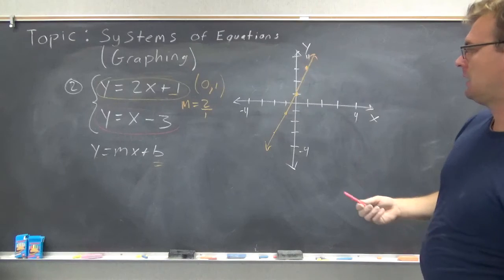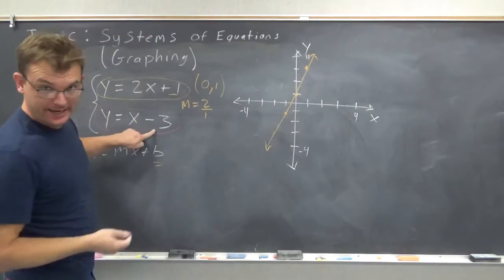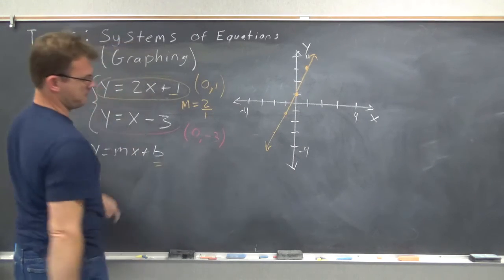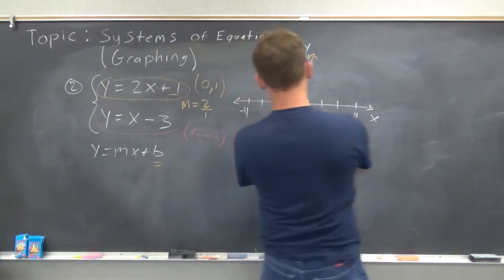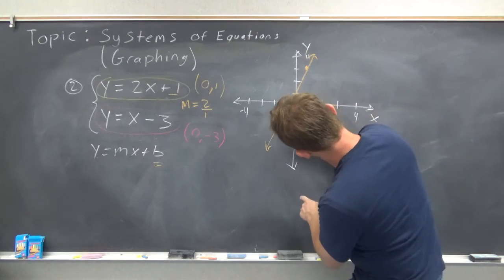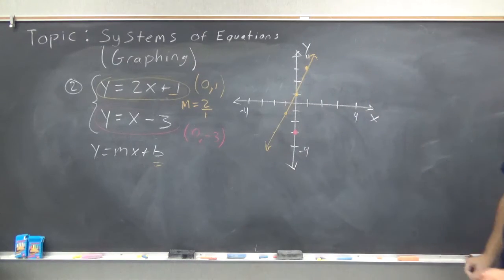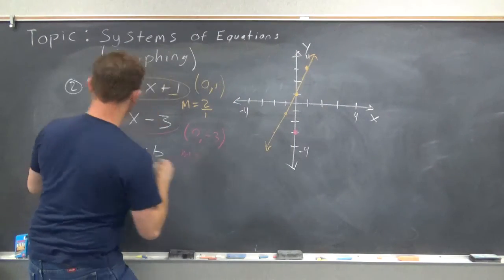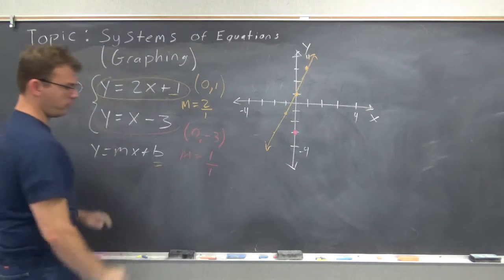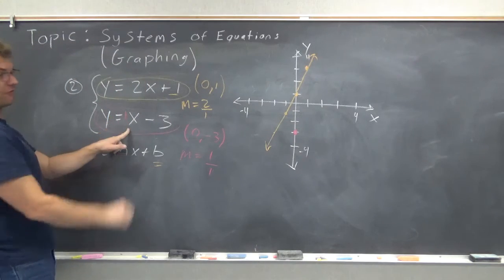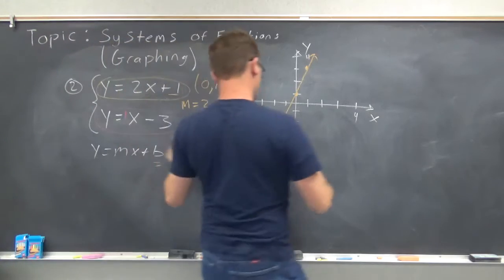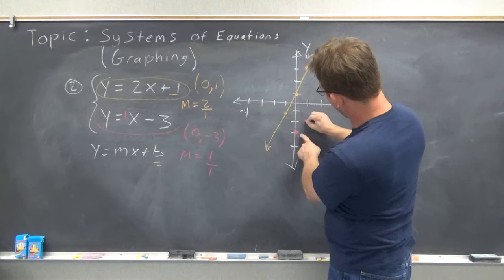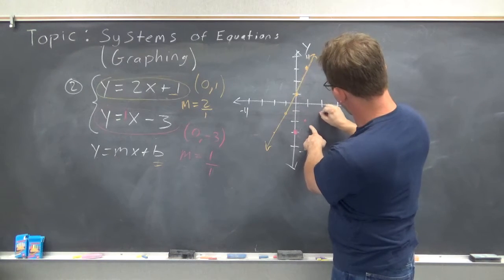Next one, our y is at -3, so this should be 0, -3. What's our slope? 1 over 1. Remember there's a 1 in front. So from our point, we go up 1, over 1, up 1, over 1.